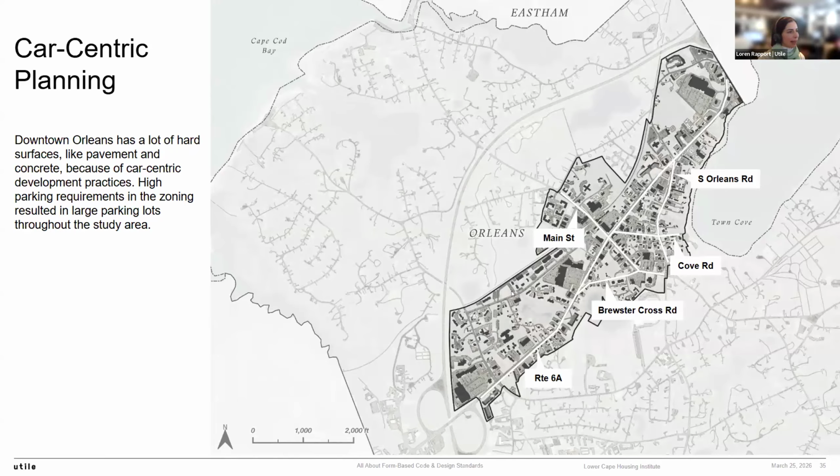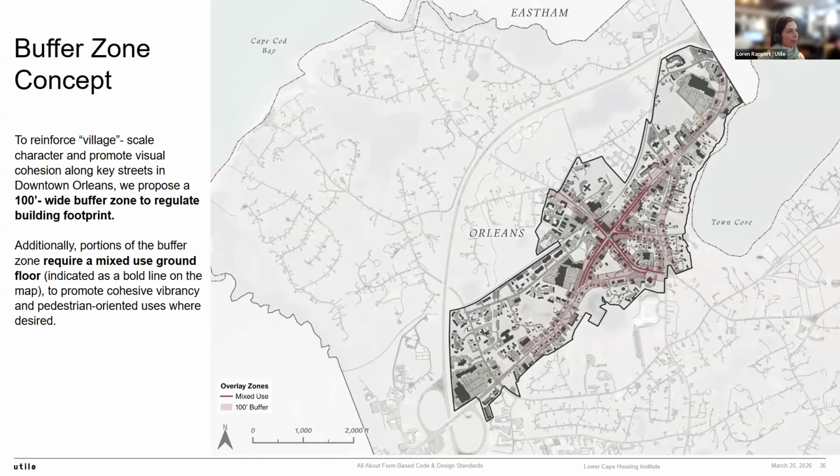And in noticing that, we came up with this buffer zone concept where essentially along those key streets that make up downtown Orleans, we want to reinforce a more village scale of development. And so we've set aside this 100-foot wide buffer zone that's really meant to encourage a smaller, more pedestrian village scale of development within this area.